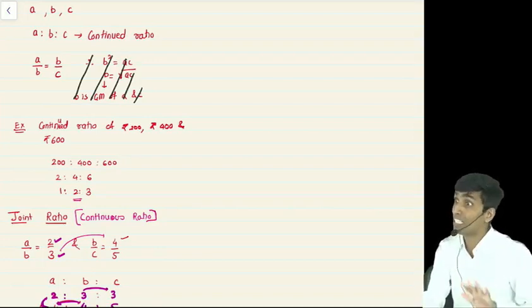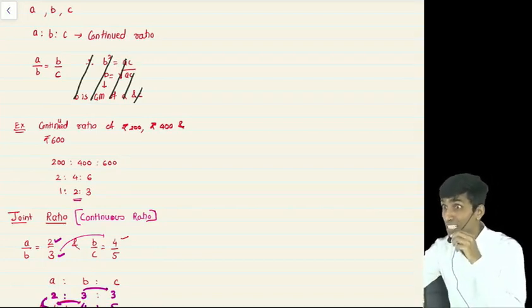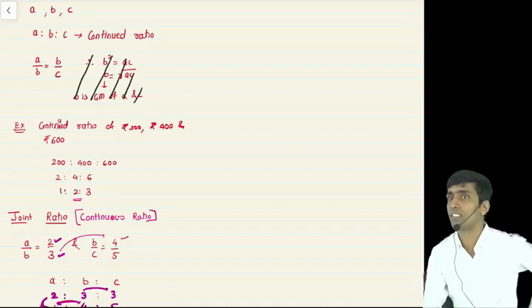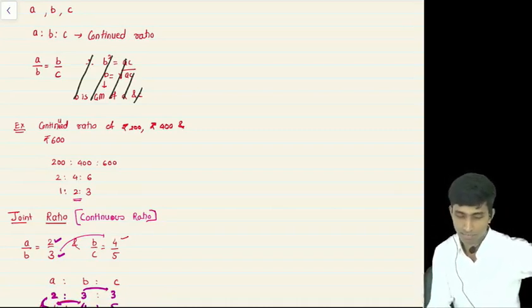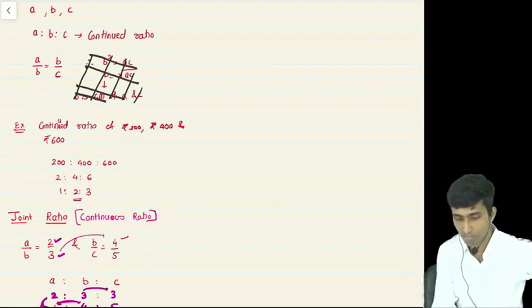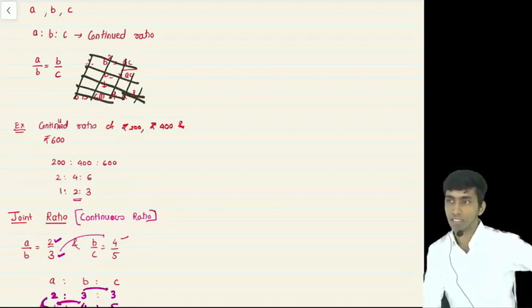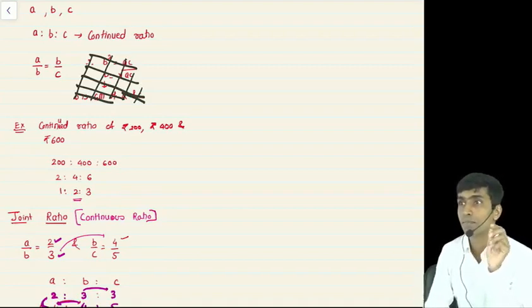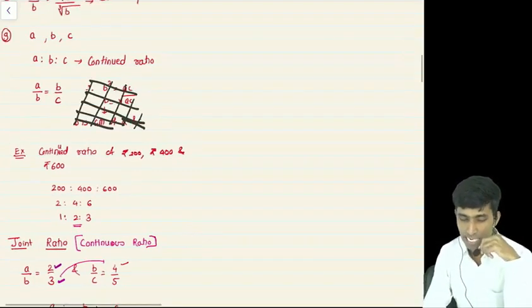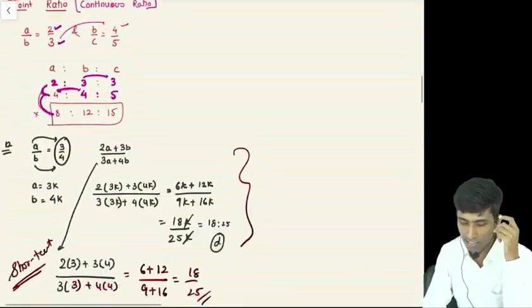But it is true, and we will see in today's lecture that it is correct. Cancel this out. Have you cancelled this? A, B, C continued ratio, that B square is equal to AC, that you have to cancel. Done?